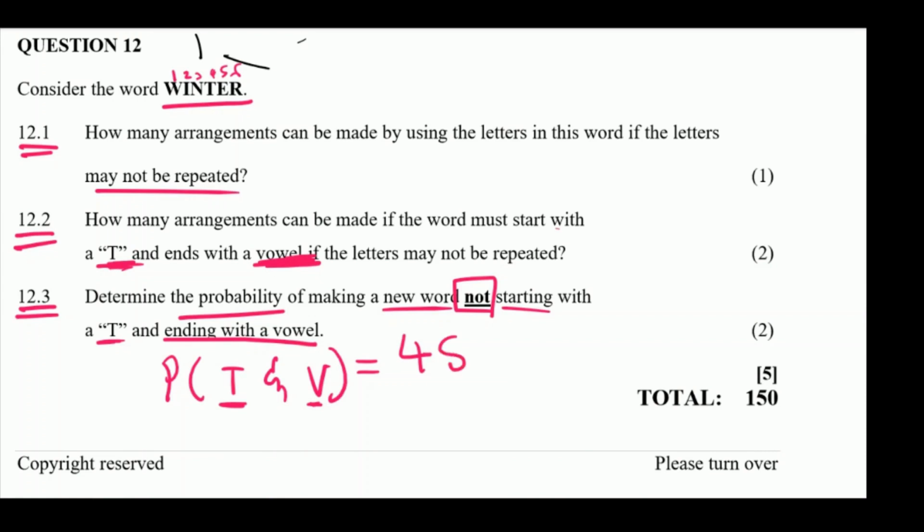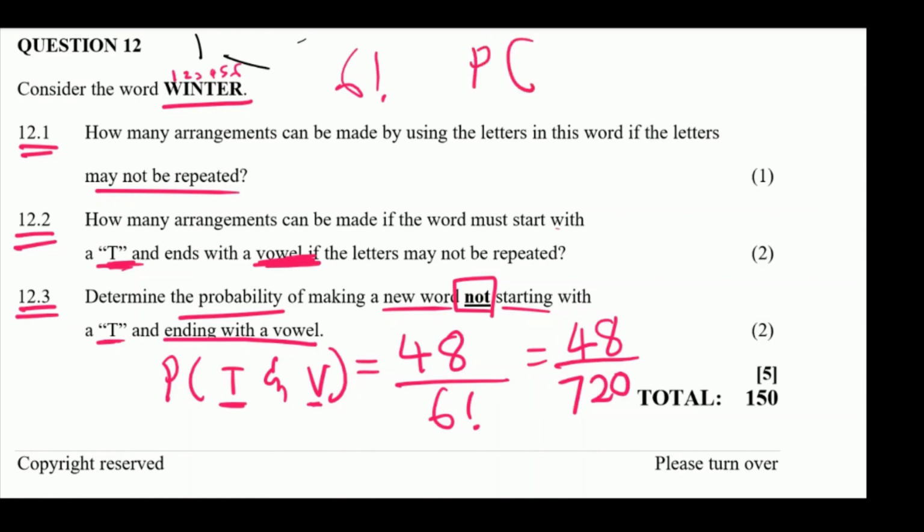So it was 48. If we find the probability, it's going to be 48 divided by the total number of letters, right? Total number of letters, it's 6 factorial, right? The arrangement of letters, by the way. So 6 factorial is going to give you 720, right?